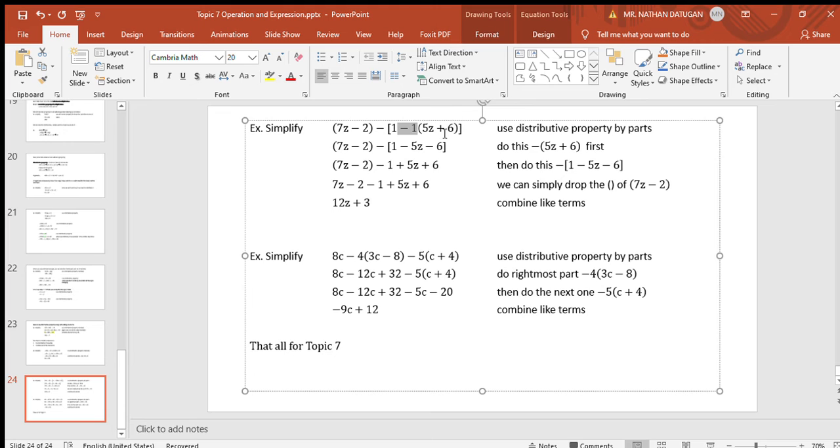Negative 1 times 6 is negative 6. Okay, so might be more confusing that way. So again, we distribute negative 1 to 5z, which will give you negative 5z, and then we distribute negative 1 to 6, which will give you negative 6.